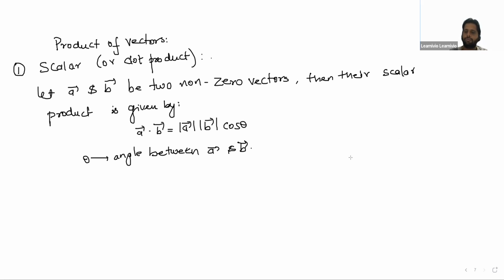Okay, so suppose this is vector a and this is vector b.